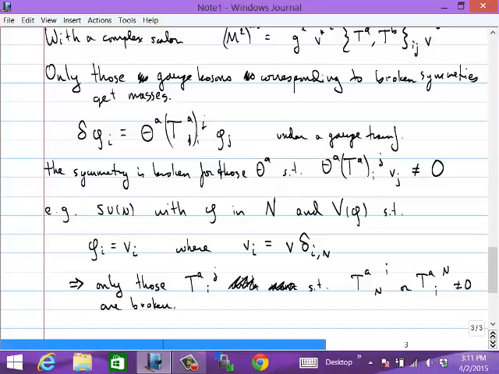So remember that for SU(N), these T^A are traceless Hermitian matrices. Okay? And v is an n-dimensional vector whose last component is non-zero.